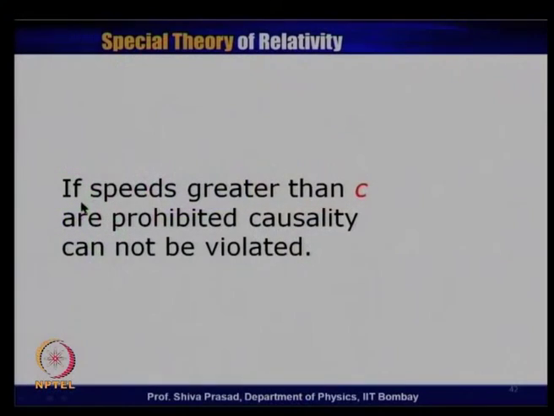Therefore, if I restrict my speeds to less than or equal to the speed of light, I will maintain causality. That is what led to the conclusion that speeds greater than the speed of light should not be acceptable in the special theory of relativity. So, this is what I have said as the conclusion: if speeds greater than c are prohibited, causality cannot be violated.